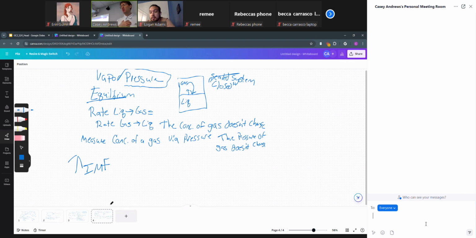If I have strong intermolecular forces, you want to be a liquid. So the higher the intermolecular forces, the higher the boiling point. Right? And that's kind of how we measure that. We measure boiling point. That tells us the strength of intermolecular forces.